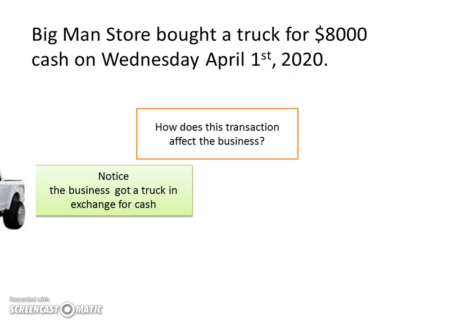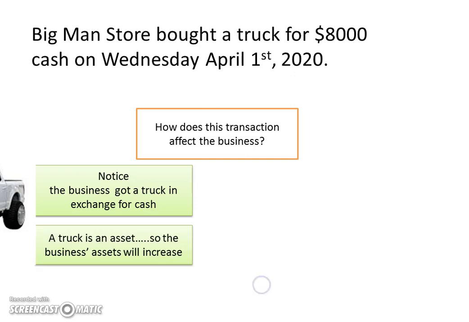Notice the business got a truck in exchange for cash. So in reality, the truck, which is an asset, is now the business's own. So the business's assets will increase. And when the assets increase, what should we do? Yes, you're correct. You debit. You're going to debit the truck account.